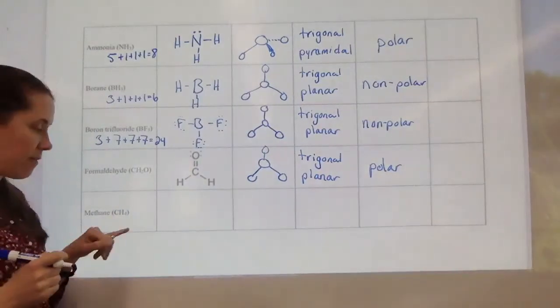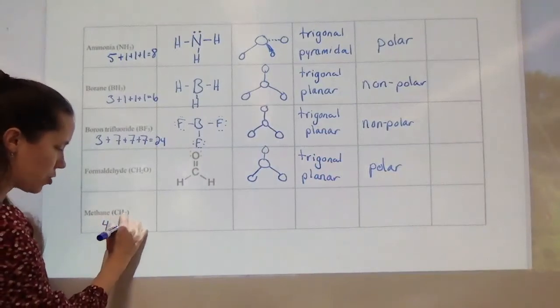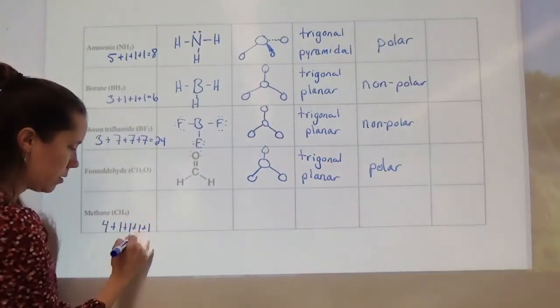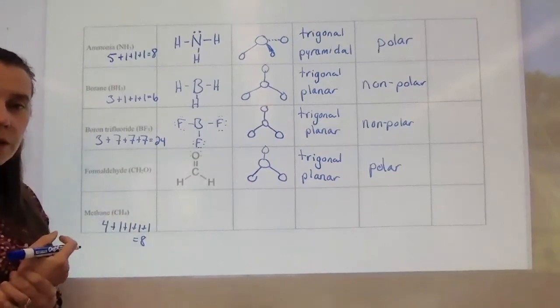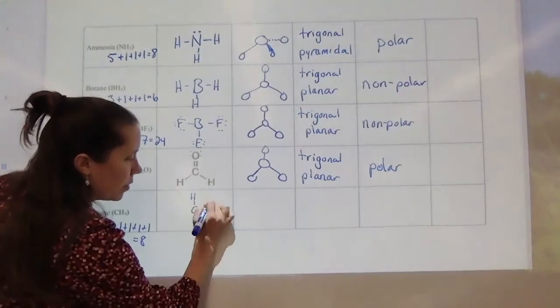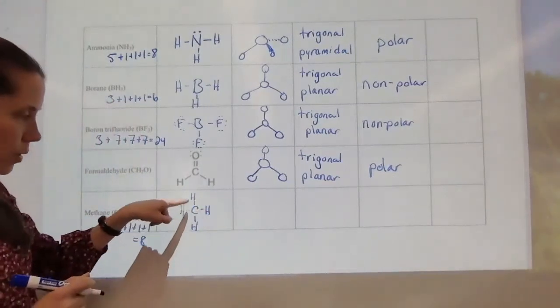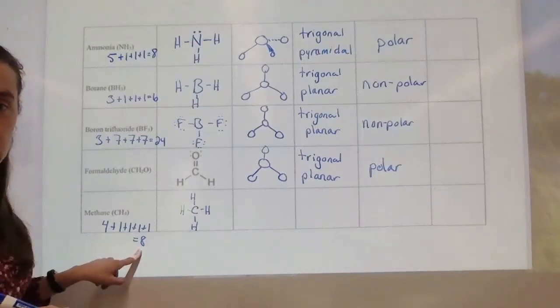Last on this page, we have methane, CH4. So carbon is 4 and each hydrogen is 1. All right, so that's 8 altogether. Okay, we'll put carbon in the middle and then the hydrogens around it. Okay, 2, 4, 6, 8. That's all of our electrons.